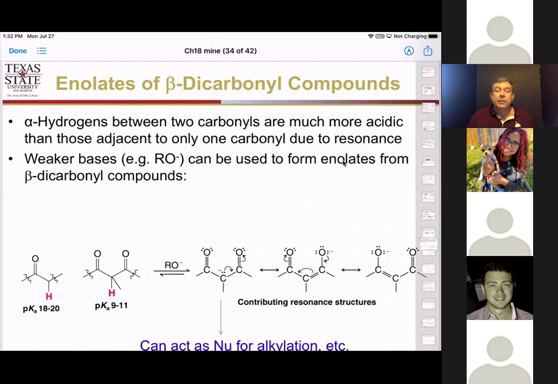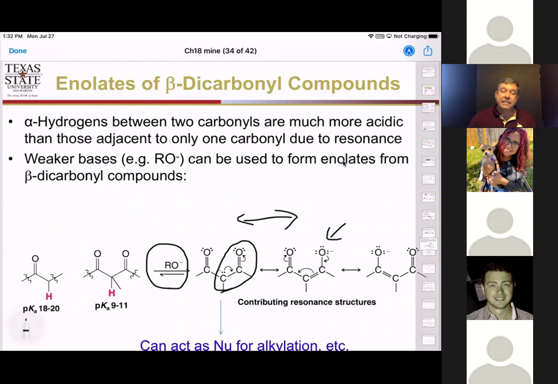Now, once we deprotonate these with weaker bases like hydroxide or alkoxide, we have a benefit in the fact that we have an additional resonance contributor, okay? In our first species, we only formed the enol on one side and had the negative charge shared on the oxygen. And so it would resonate back and forth between these two species here, okay?